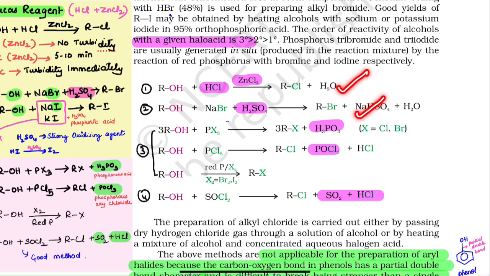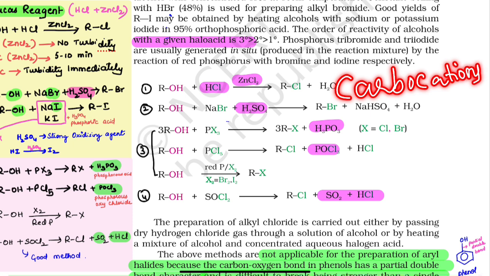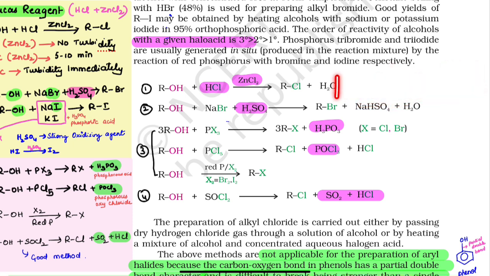The first and second reactions proceed through the SN1 mechanism. I have given the SN1 mechanism in detail, so you can go through it if you want. SN1 mechanism means it produces a carbocation. Students, remember, wherever a carbocation is formed, you have to check for rearrangement, because the stable carbocation is preferred. So for the first and second reactions, whenever a carbocation is formed, check for the possibility of rearrangement.